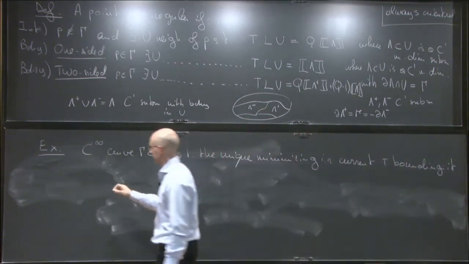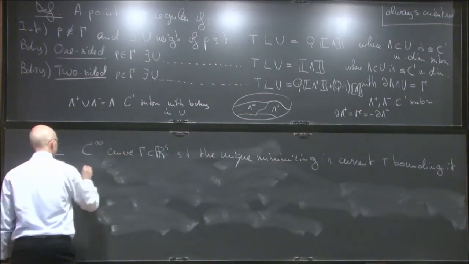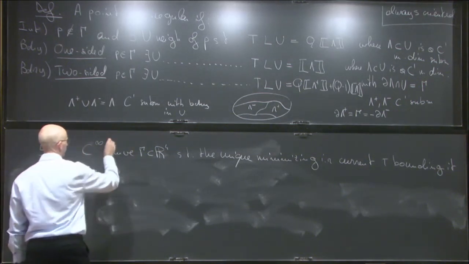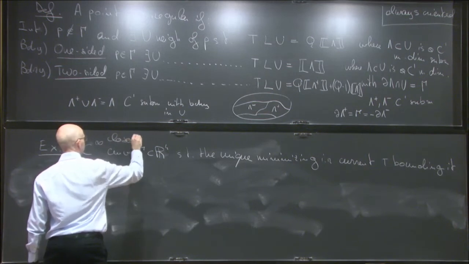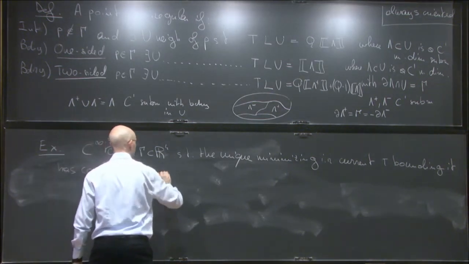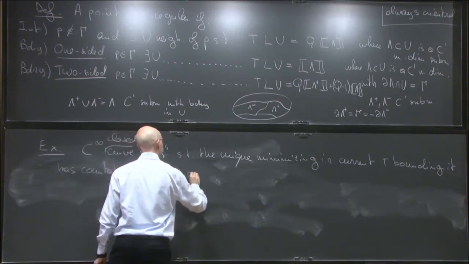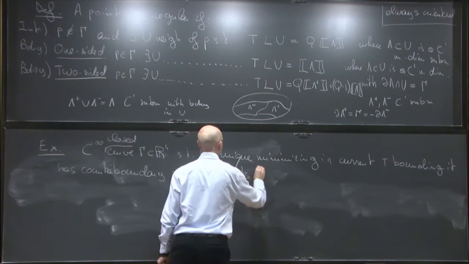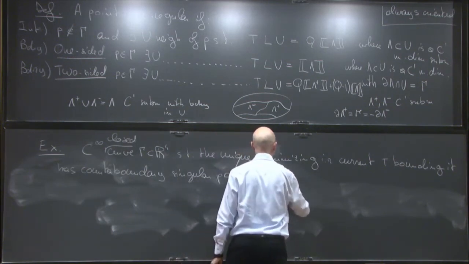has countably many boundary singular points, clustering towards, of course, some point at the boundary. Of course, this is a C infinity closed curve. So if there are infinitely many boundary singular points, they have to converge somewhere. Well, in our specific example, they are converging towards the origin.